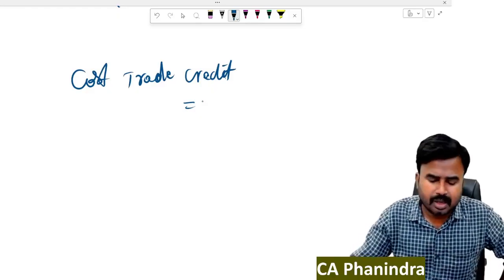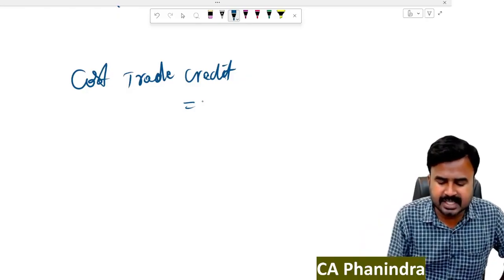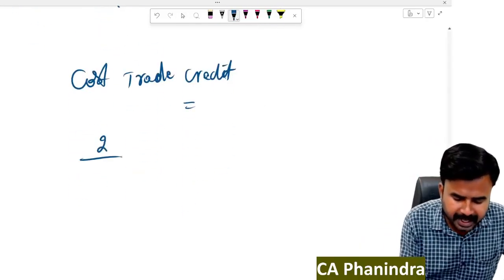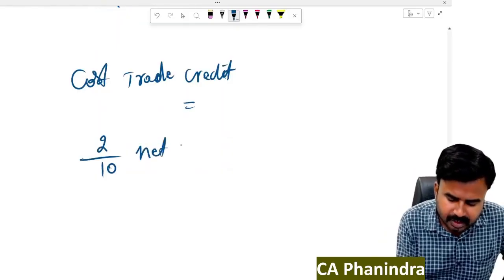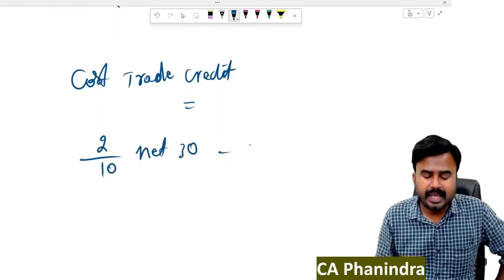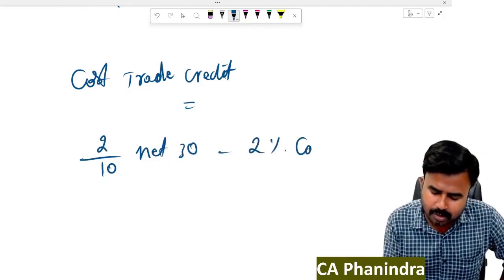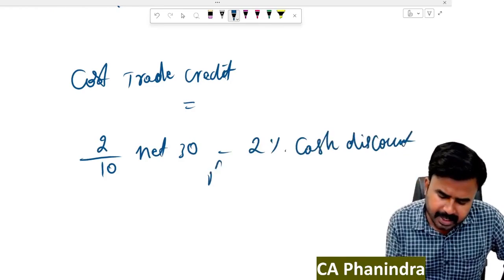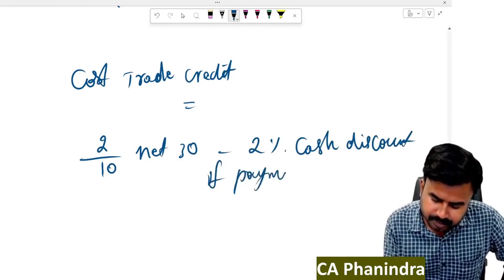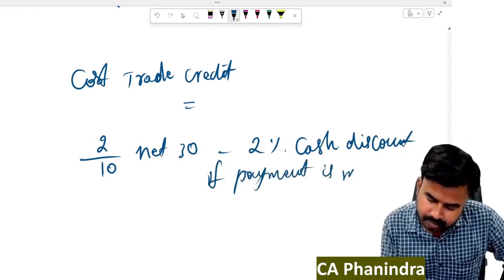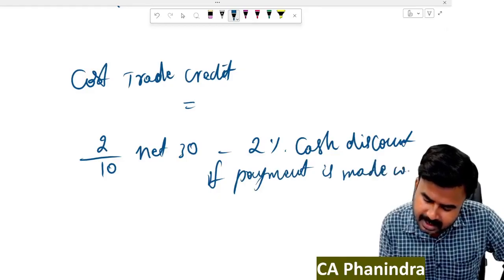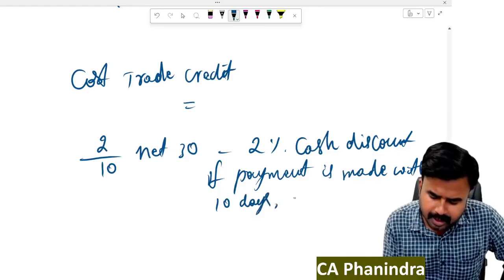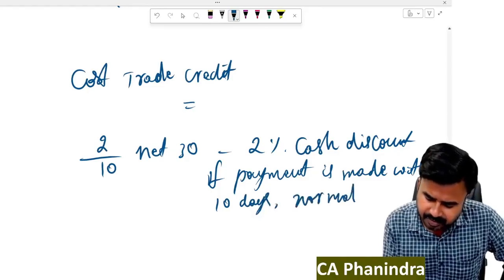So dear students, you should understand one thing here. Say for example, the supplier is giving one term like this, 2 by 10 net 30. This means he is offering 2% cash discount if payment is made within 10 days, whereas the normal credit period is 30 days.